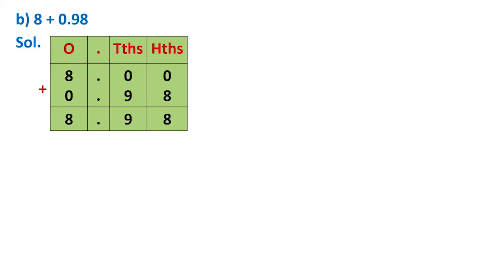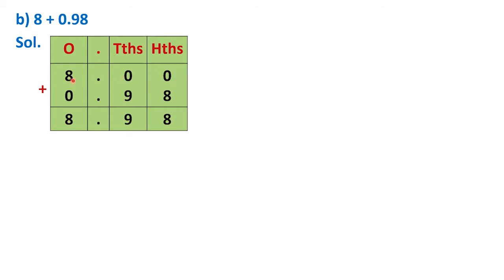Let us take another example, that is 8 plus 0.98. Again we will see here, after the point is the ones place, and here we have 9 and 8, two decimal places. So we have taken tenths and hundredths. Here it is 8 only, so we have made them like decimals and added 0s.